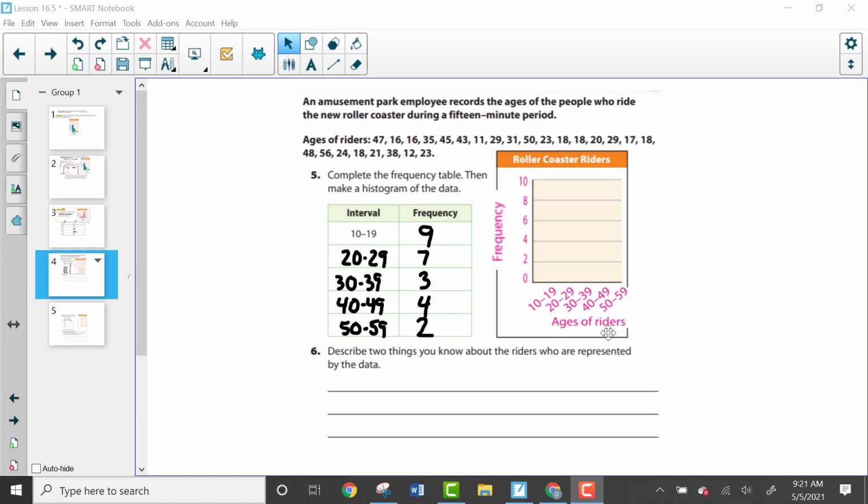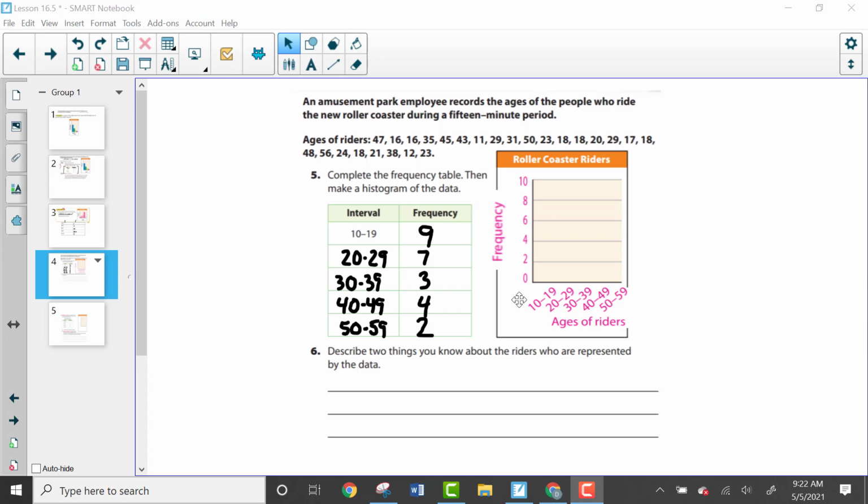Also, it's labeled, that's the age of writers. And then the vertical axis has the frequency. We see from 0 to 10 here are the frequencies, and there are intervals of 2, 4, 6, 8, and 10. So intervals of 2. So make sure you label your histogram like I have.